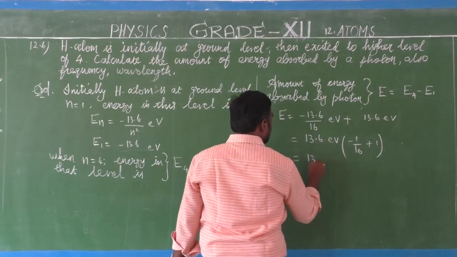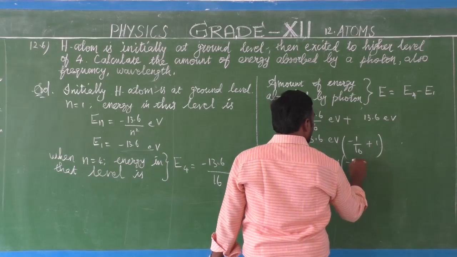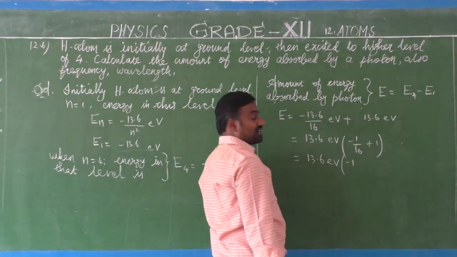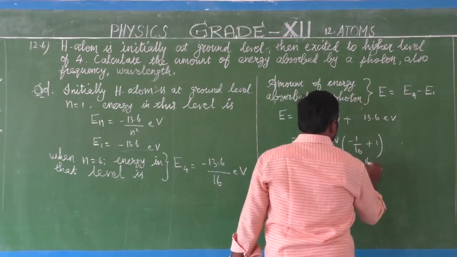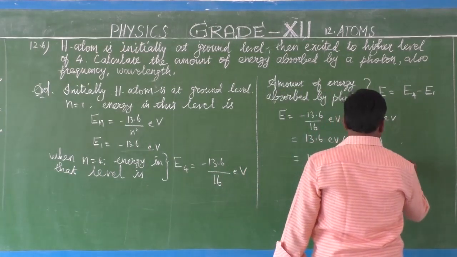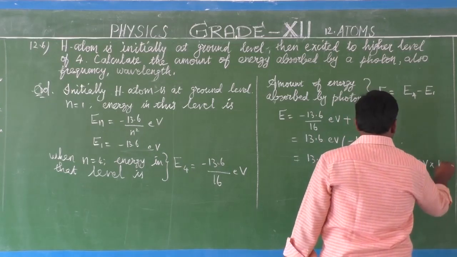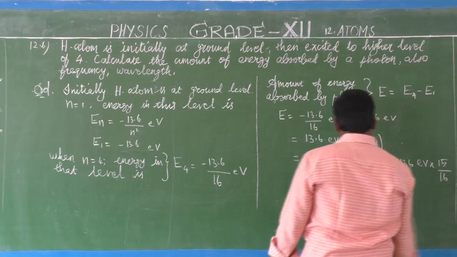By doing cross multiplication, 13.6 electron volt into 16 minus 1 by 16, which is equal to 13.6 electron volt into 15 by 16.